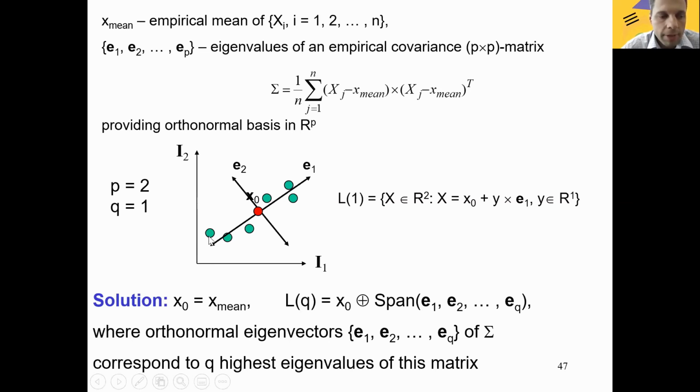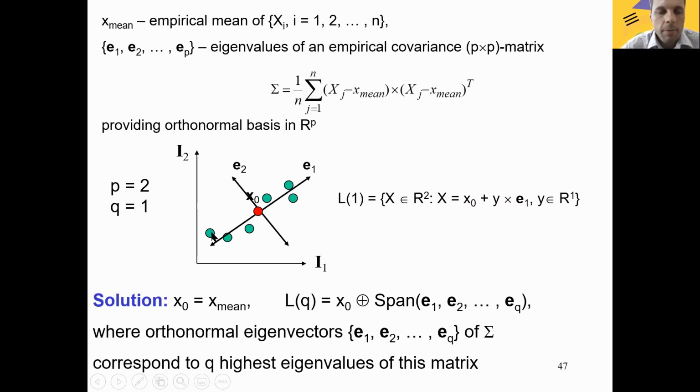of each point in this new coordinate system to represent points instead of coordinates in the original coordinate system. And so if we don't care about variations along the second eigenvector, along this direction, we can encode the position of each point using only one-dimensional coordinate.